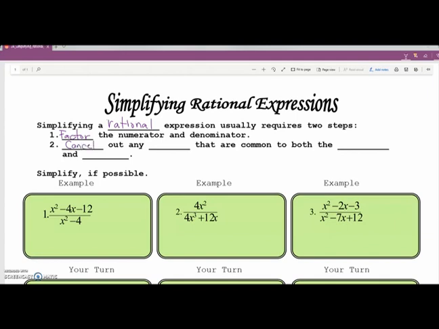So after we factor, we cancel out any common factors that are in the numerator and denominator. It's just like simplifying fractions, but only with variables and expressions and things like that.